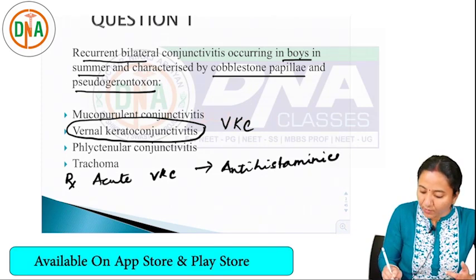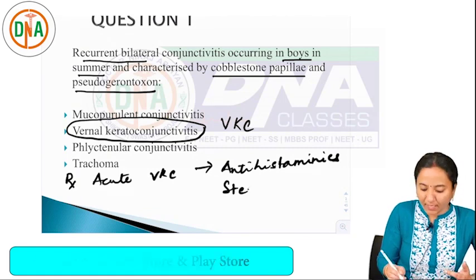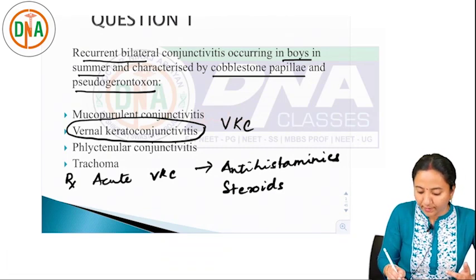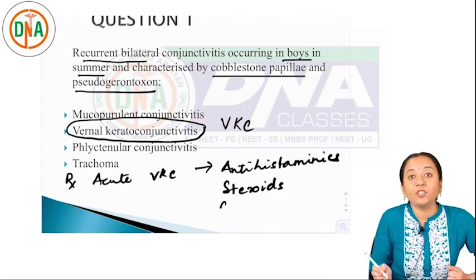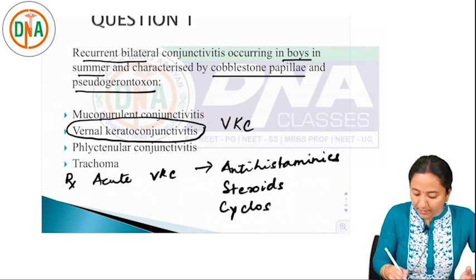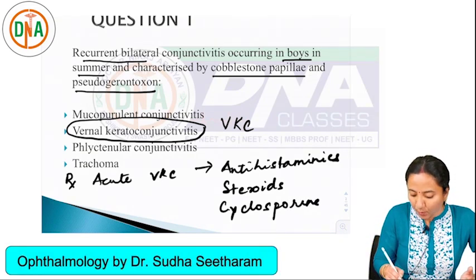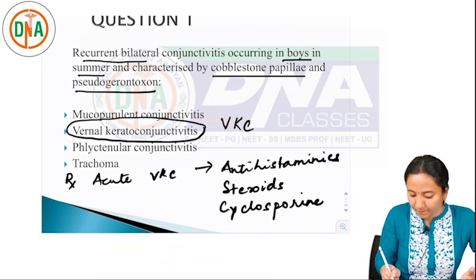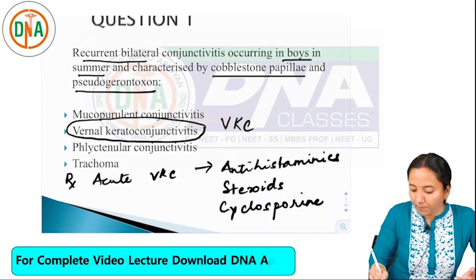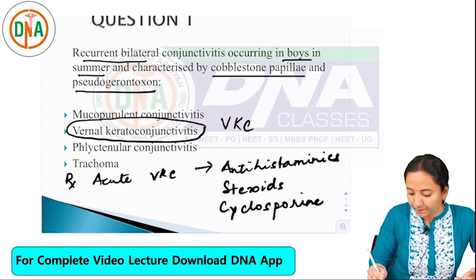If the patient does not improve with antihistaminics, we go on to steroids. And if the patient does not improve even with steroids, then we move on to cyclosporin. So this is the treatment of acute VKC.